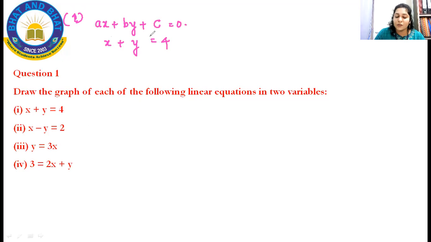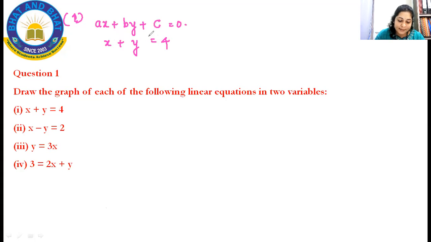In the very first exercise which we solved, we were asked to write the coefficients of x and y. That is the reason we listed the value of a, b, and c. Now in this equation, we need not do so. Just write the standard form of the equation, and below that write the given equation.